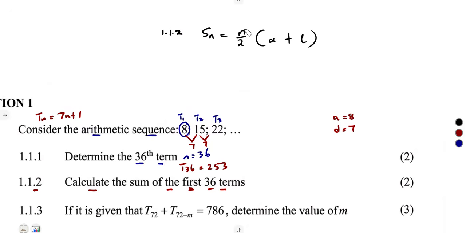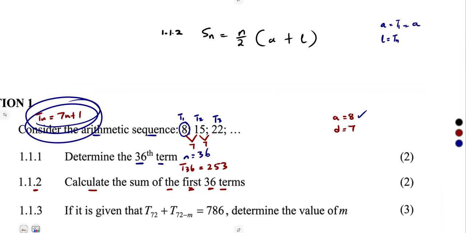On this formula, we just need the number of terms and a, which is our first term, which we already have. So our a is our T1, which is 8. We already have that. Then l represents the last term, meaning from our Tn formula, this Tn formula.